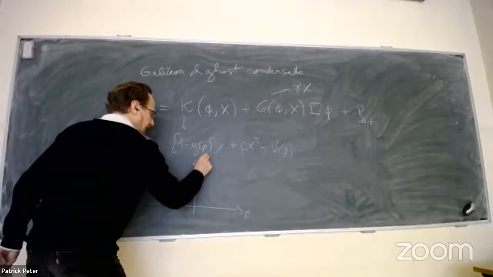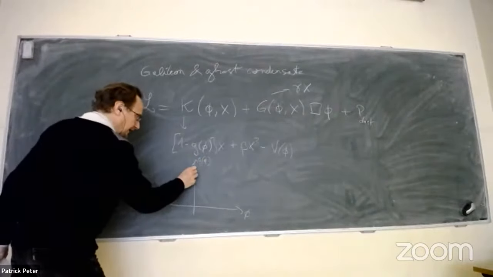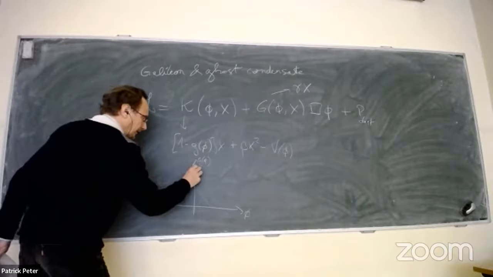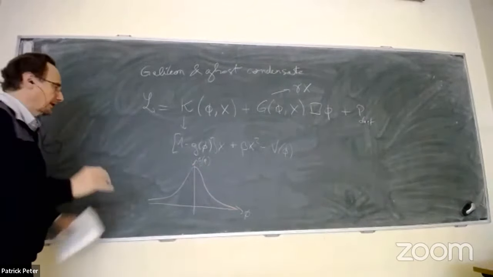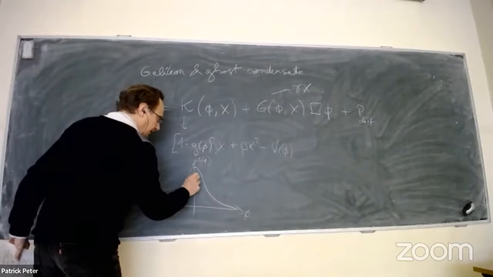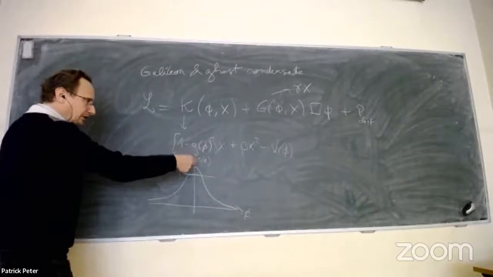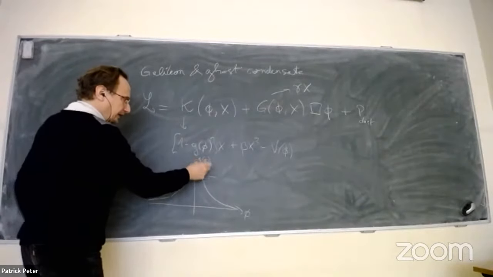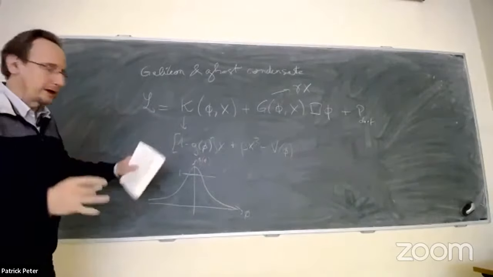You pick some function such that, let's assume it has this particular shape, just a general idea, which is such that 1 is here, so that there exists a regime for which g of phi is larger than 1. And you see you're doing exactly the same as before, but in a simpler way, in a sense.